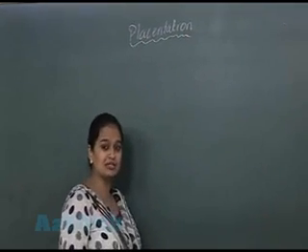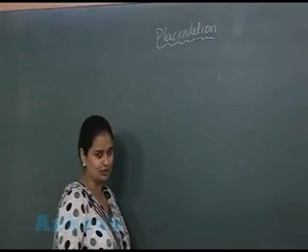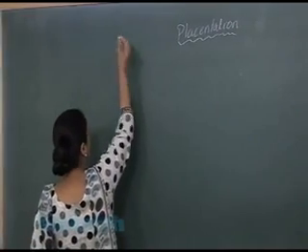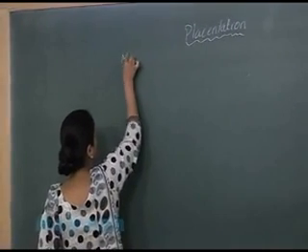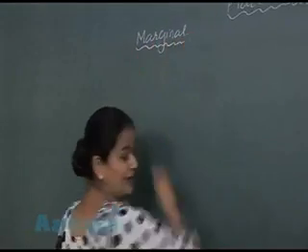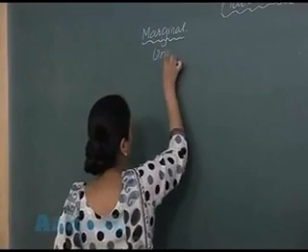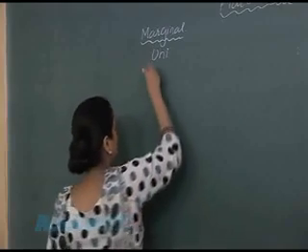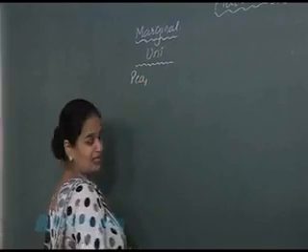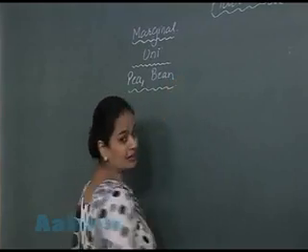The first type of placentation which I will be discussing here is marginal placentation. In marginal placentation, the ovary is always unilocular, and this condition is seen in members of the Fabaceae family. The two examples I am mentioning here are pea and bean.